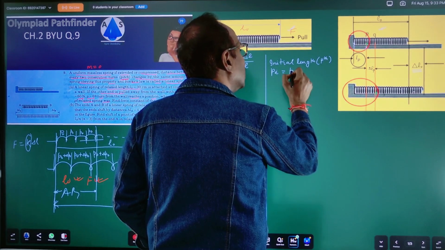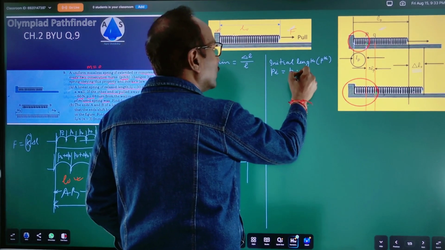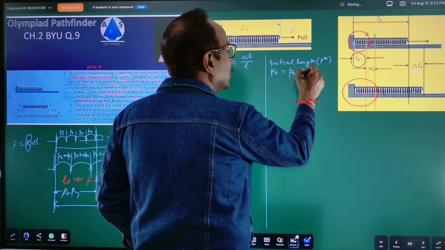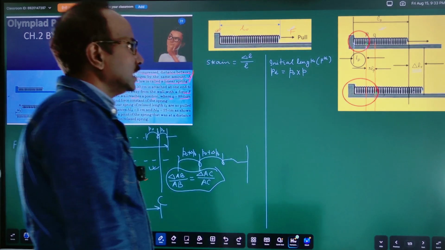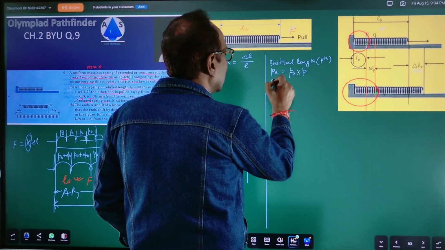Suppose the pitch of that spring is P naught into number of turns. Number of turns is p. So this is the initial length. Final length after the stretch.